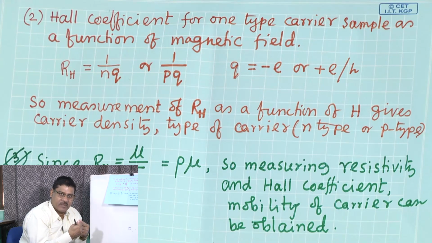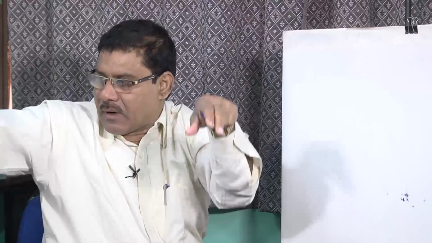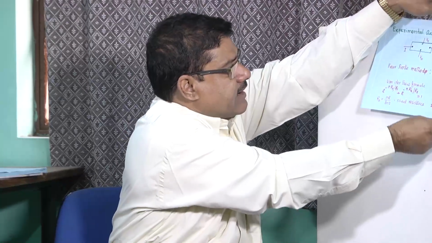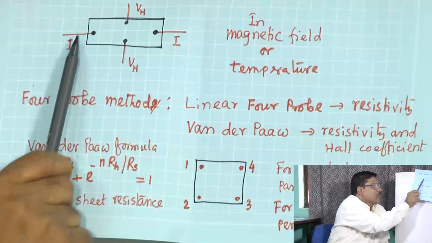Okay, so our experimental geometry for this Hall effect experiment would be like this. You will have a sample. In this Hall geometry, there will be two probes for current and two probes for measuring the Hall voltage.